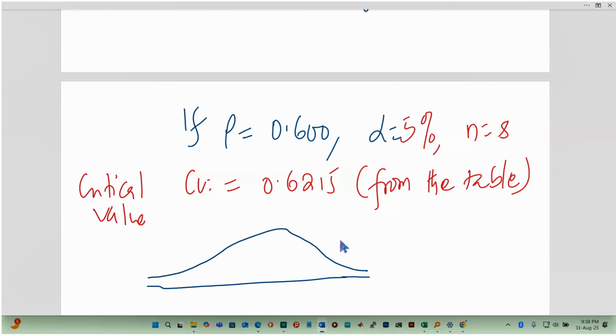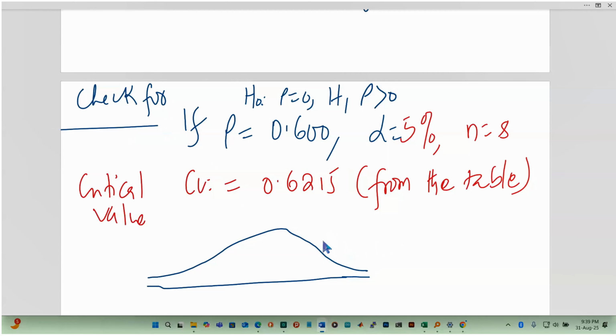So let me draw our curve. So we said that this is for the null hypothesis, rho is equal to 0, and the alternative hypothesis, rho is greater than 0. So we are doing a check for this. So that means 0 is around here, and the critical value is around there, 0.6215, and alpha is 0.05.